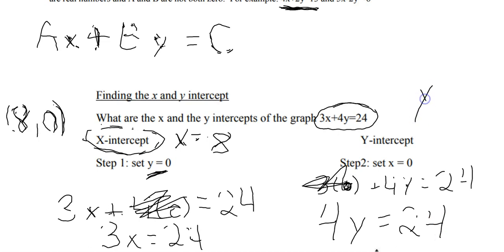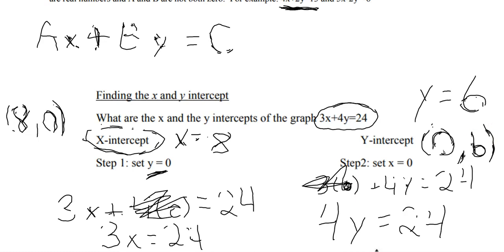I'm going to get y equals 6. So this point will be 0 for x, 6 for y. Now that I have 2 points, I can plot those 2 points and then graph the line in between them.